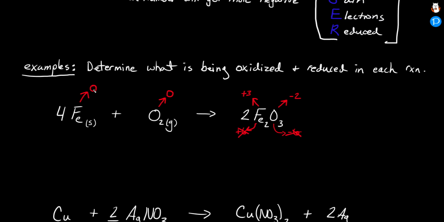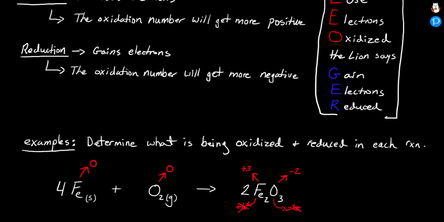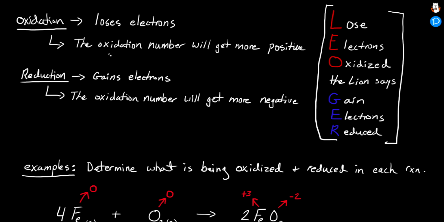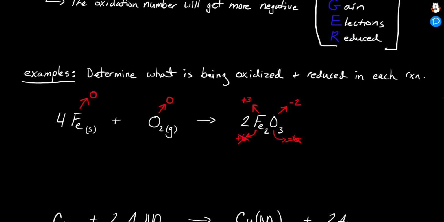So in order to go from 0 to +3, if we come back up here, that means it had to lose electrons. The oxidation number got more positive, right? It went from 0 to +3. That means it lost electrons. And the thing that is reduced would have to be the oxygen. It gained electrons. It got more negative.